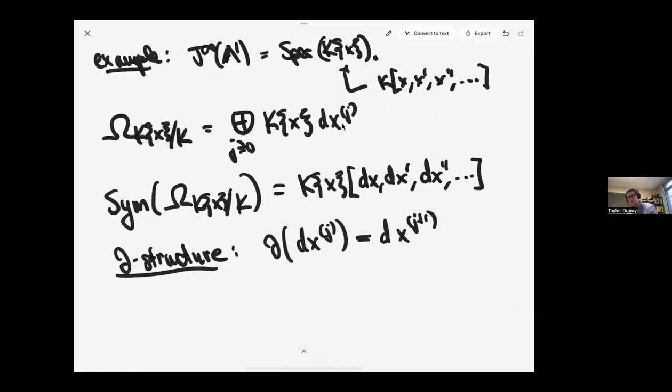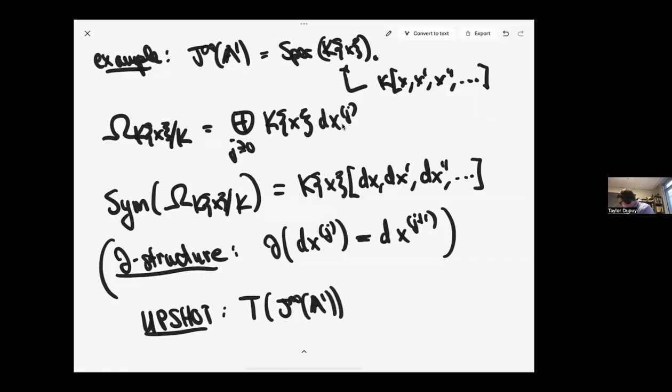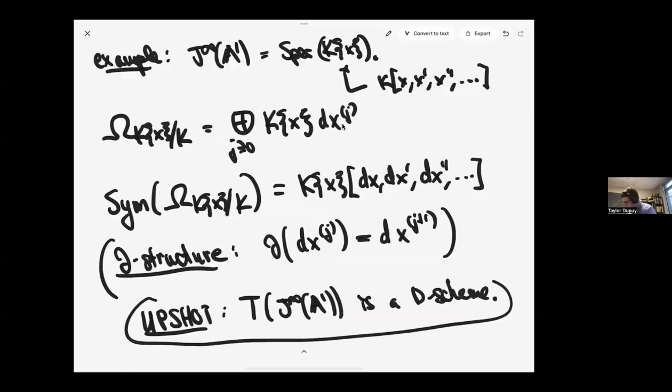And so the tangent bundle of the infinite jet space is naturally a differential ring. And so the upshot here is that T of J infinity of A1 is a D scheme. So this is what we showed.